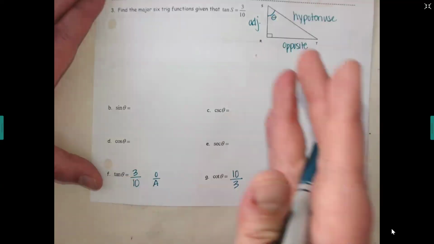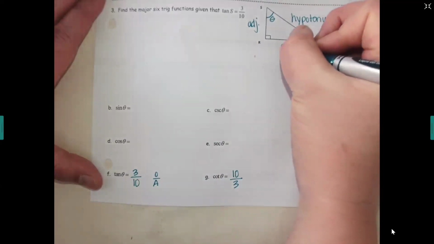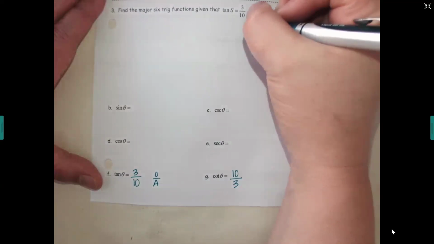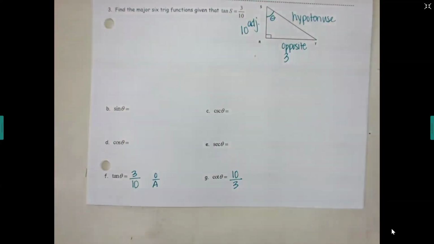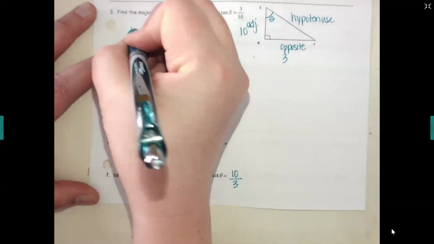So I can come up here to my triangle and I can put those side lengths onto it. So my opposite side is 3, that's going to go here. My adjacent side is 10, that's going to go here. If one side is 10 and the other side is 3, how can I find the missing side? 10 squared. Yep. Very good.